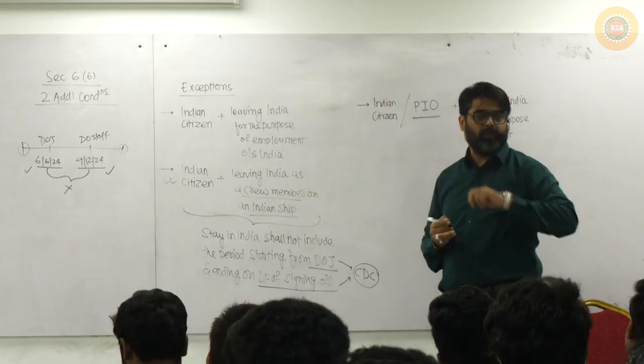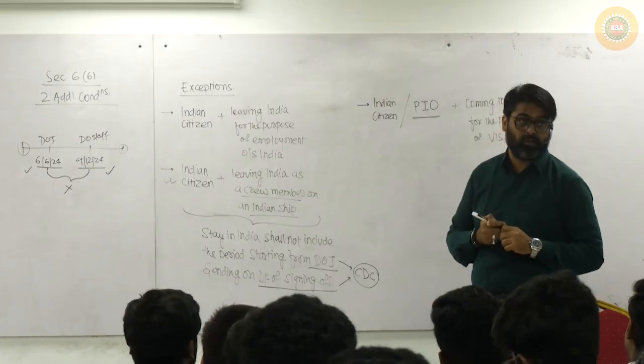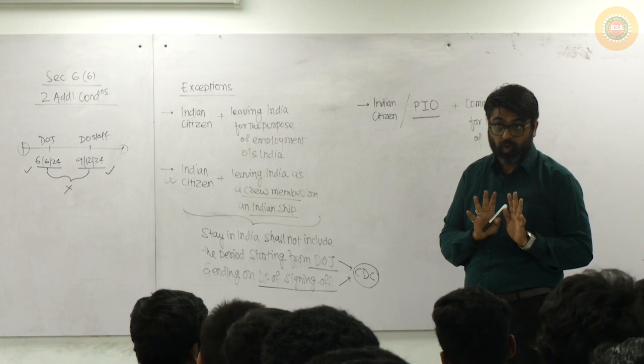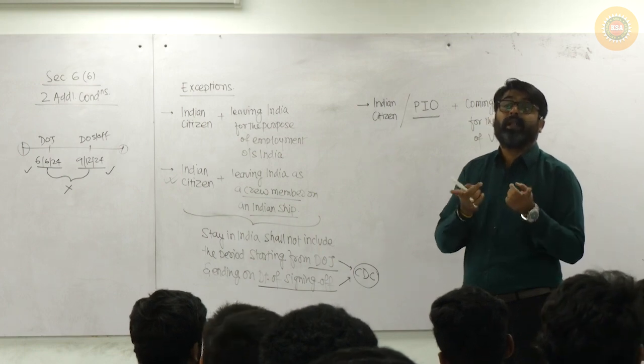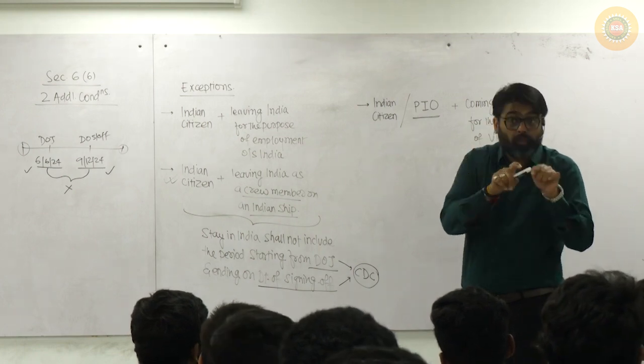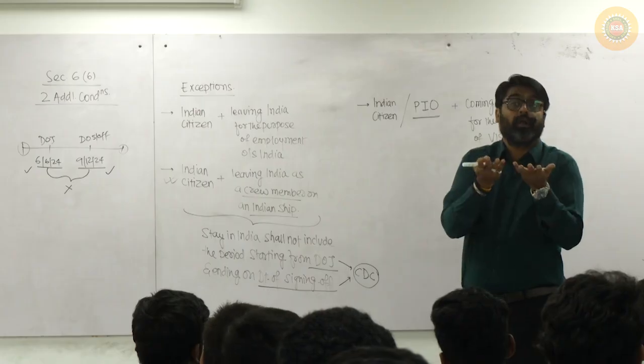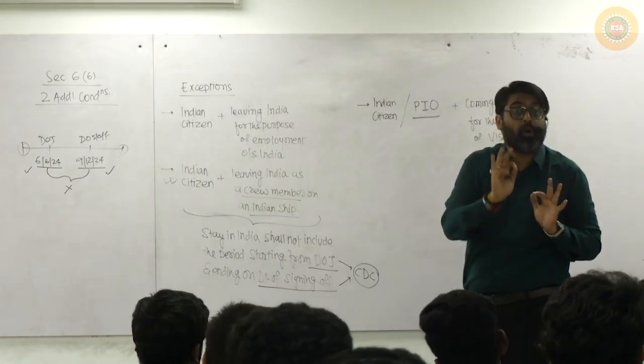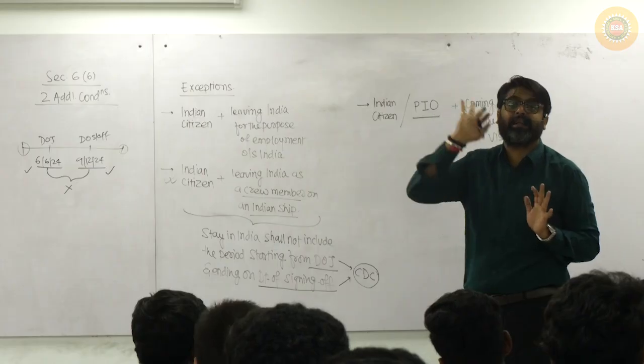Now when will Vasant be treated as a person of Indian origin? If Vasant himself or any of the parents of Vasant or any of the grandparents of Vasant were born in undivided India.